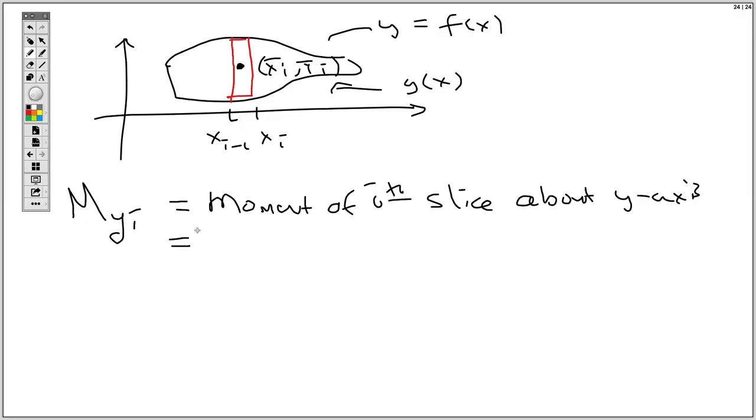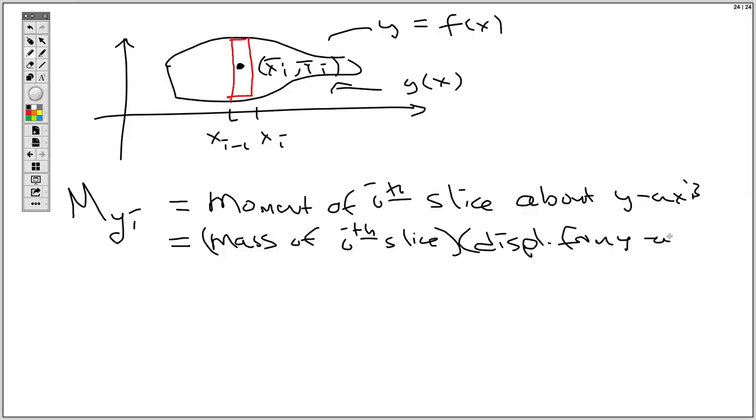Okay? And so how do I get the moment about the y-axis? Well, I would need the mass of the ith slice times the displacement from the y-axis. Now the displacement from the y-axis, if I had taken the time to label, here we go. The displacement from the y-axis, remember, is given by the x-coordinate. So the mass of the ith slice is approximately equal to what?